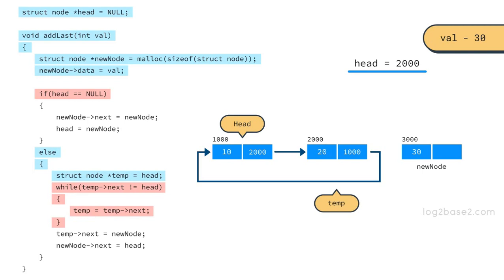And we got the last node pointed by temp here. Now we have to insert this new node after the last node. So write temp next equal to new node, and it should point to the current head. So write new node next equal to head. So now we have the circular linked list with 3 nodes and the node at 1000 being the head. So that is how we can insert nodes at the end of a circular linked list.